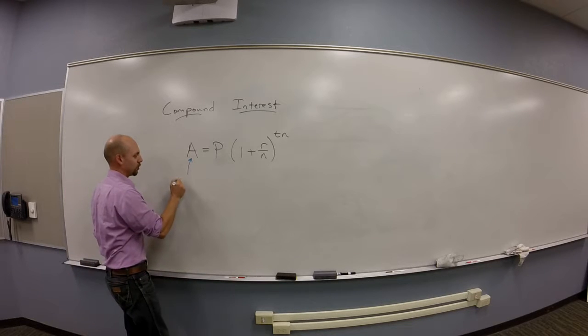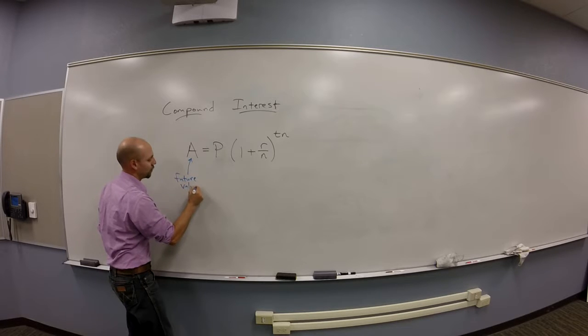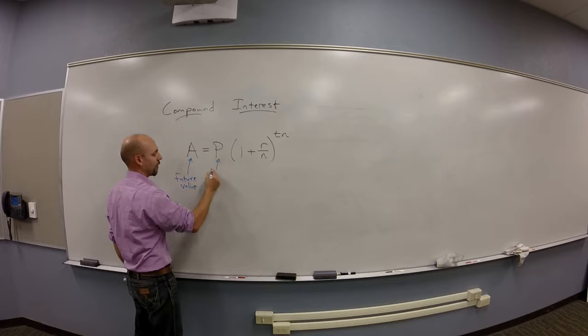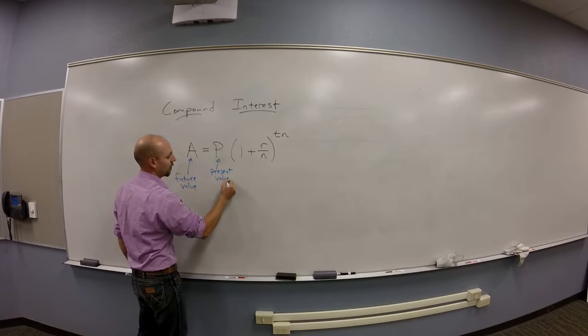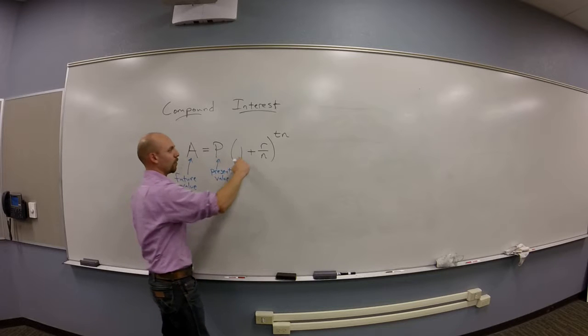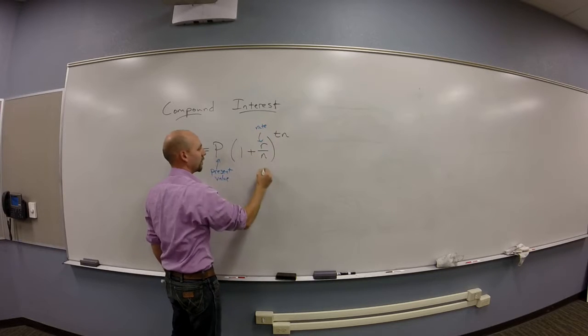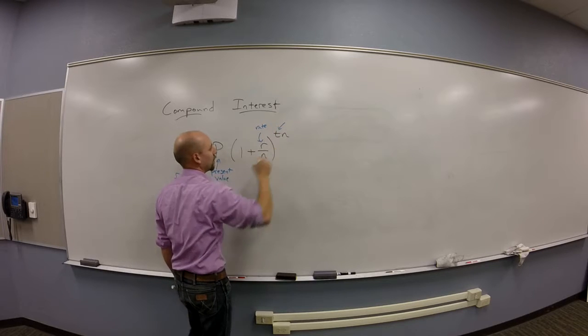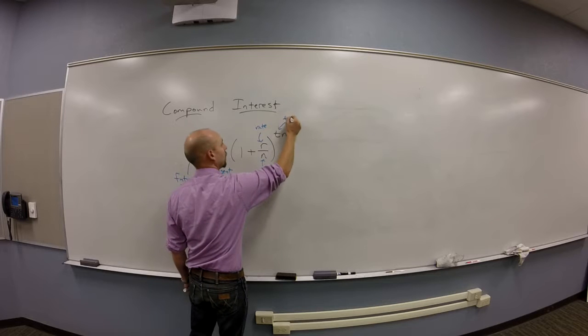A is the future value. So the future value is the present value times the quantity of 1 plus the rate. Oh wait, what was T? Time.